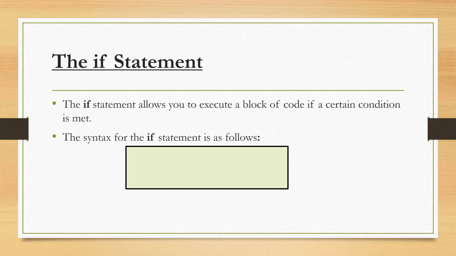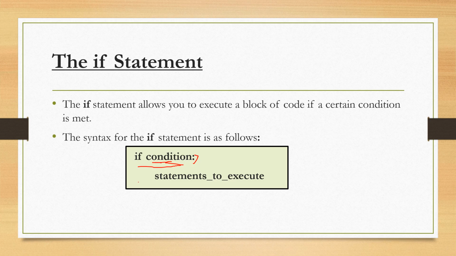So the syntax for the if statement is as follows. This is the syntax for the if statement. First of all we use if, then we use one condition, and after that we use a colon. After that we give the statements which are going to execute if that condition is true.